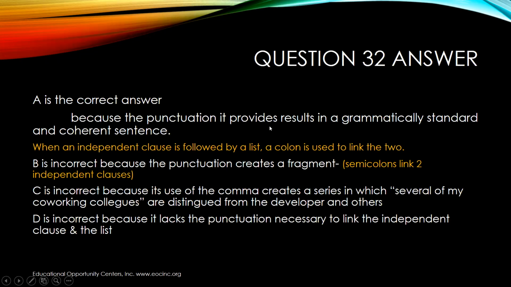Over time, I've gotten to know several of my co-working colleagues, another website developer, a graphic designer, a freelance writer, and several mobile app coders. So what they're basically saying is the colon is telling us there's a list of people to come. Now that, by the way, that period could have stopped after colleagues as well. So review the uses of that colon.